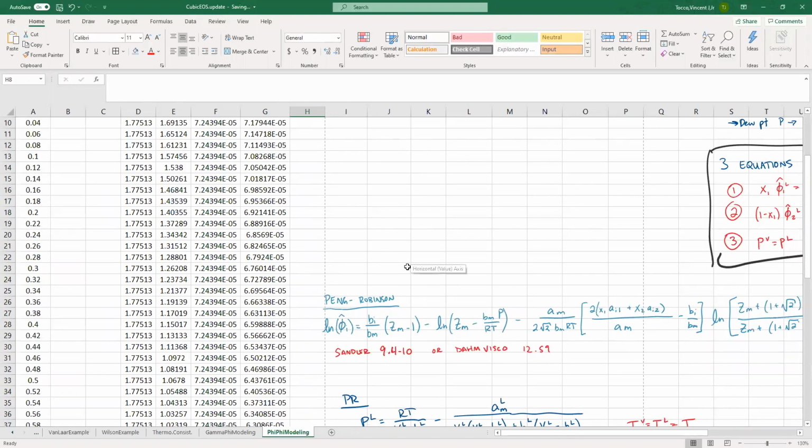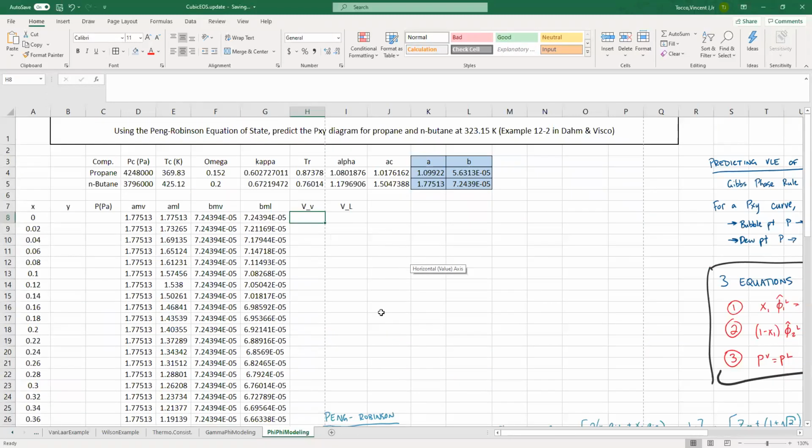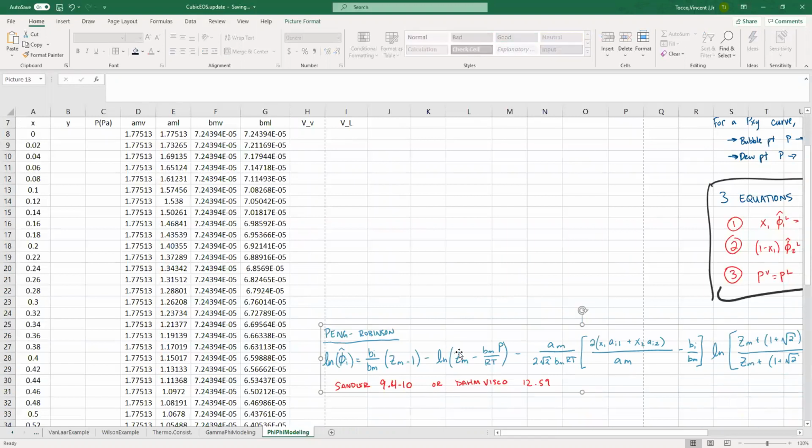Those are going to come into play in the Peng-Robinson equation of state. So I've got Z, which is PV over RT, and for each one of the phases, I'll use the molar volume of that phase. The other thing I'll need is the A12 parameter, which is going to be the square root of A1 times A2. I'm going to need this in my mixture fugacity coefficient equation.